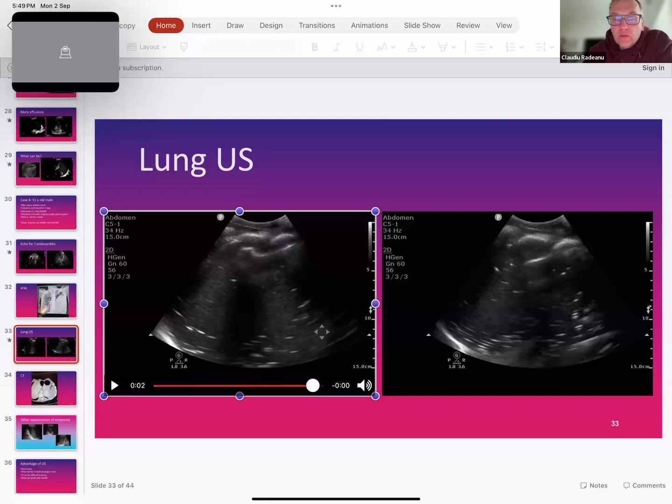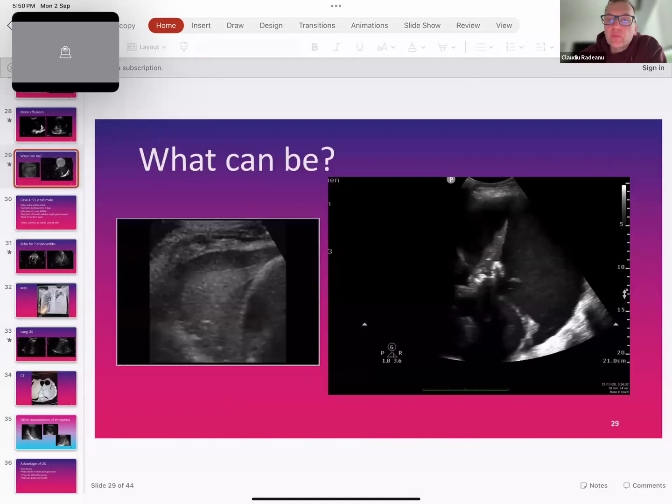So this is not a consolidation. We talked earlier about how a hemothorax looked in this image. I think it was in this one.